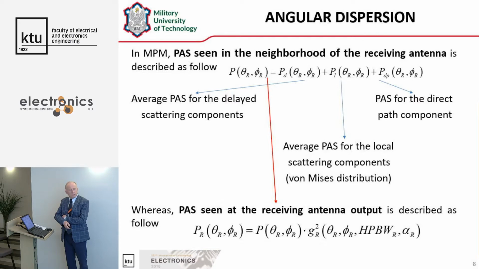This power angular spread equals this value in the neighborhood of the antenna's receiving path, multiplied by the receiving antenna power pattern, which is a function of azimuth and elevation, the half power bandwidth of the antenna, and the receiving angle.